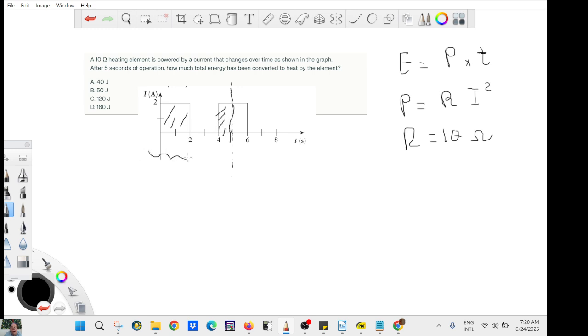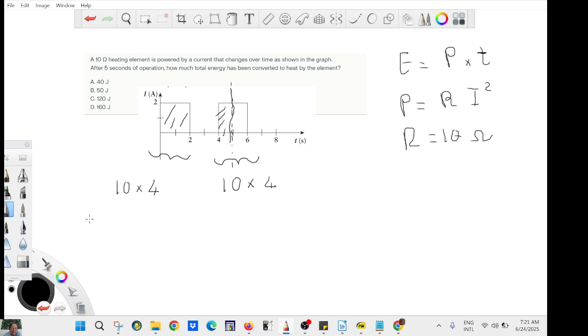So the power delivered by this is R, so 10 times i squared, which is 4. So that will be the power here. And the power here, nothing happened. So that will be 10 times also 2 times 2 is 4. So that will be the power here and the power there. So R i squared.